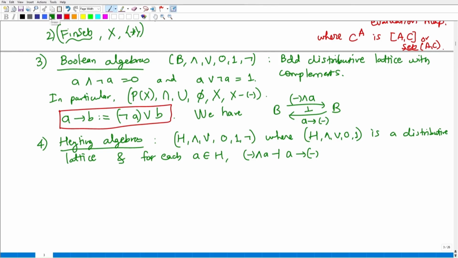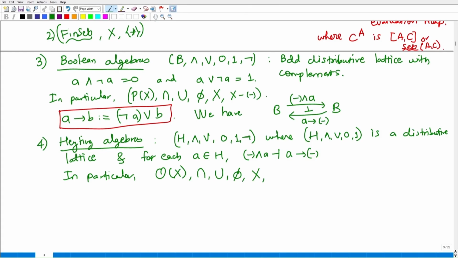It will just look abstract at this moment, but in particular, you will probably identify this notation: OX, intersection, union, empty set, X. Sorry, I made a mistake here.